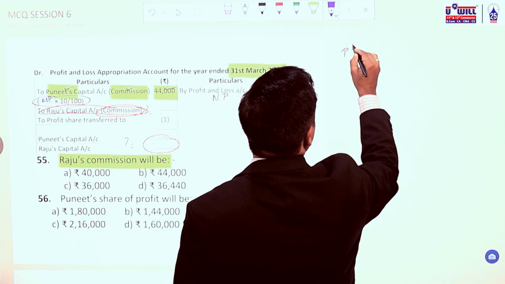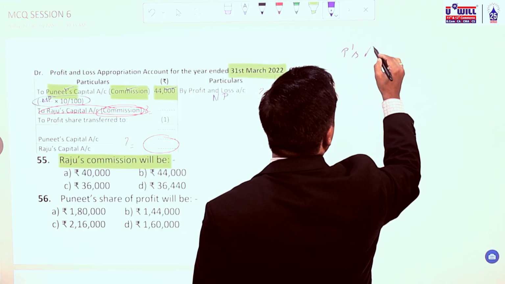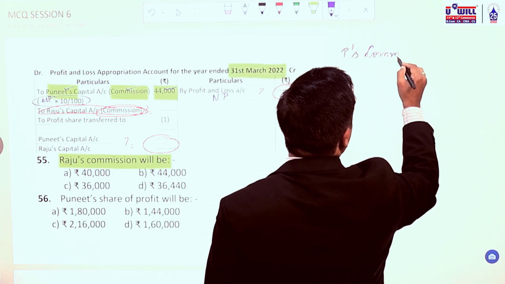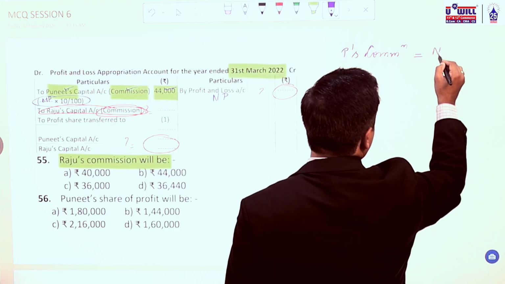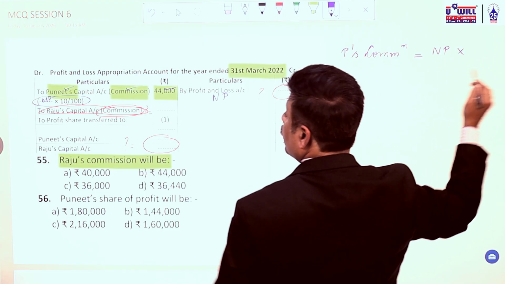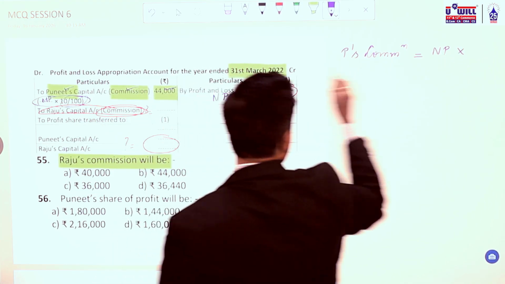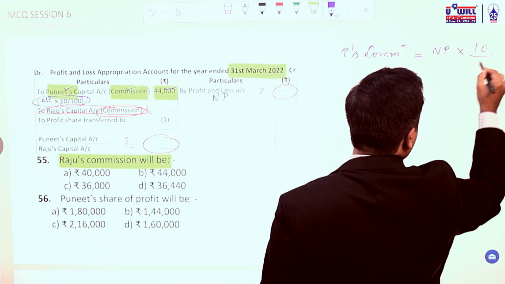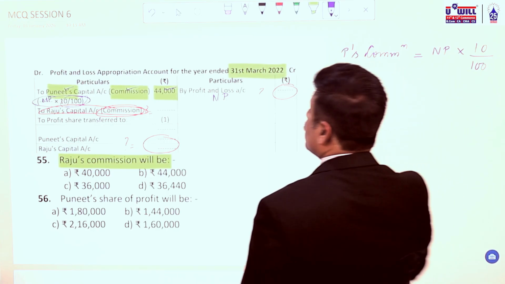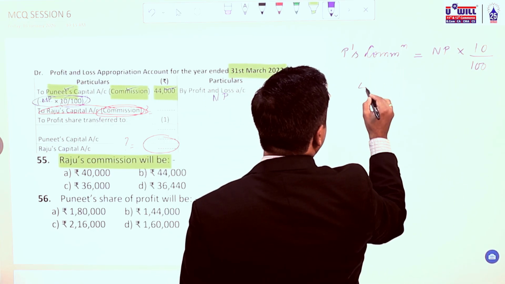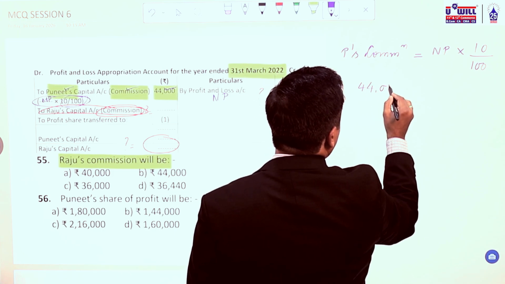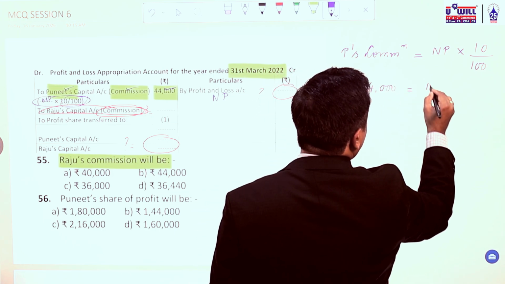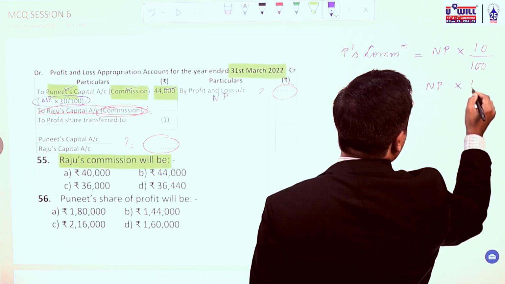Puneet's commission would be equal to net profit into 10 upon 100. Puneet's commission is already given as 44,000. So 44,000 will be equal to net profit into 10 upon 100.